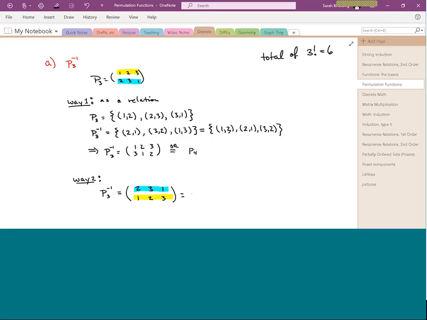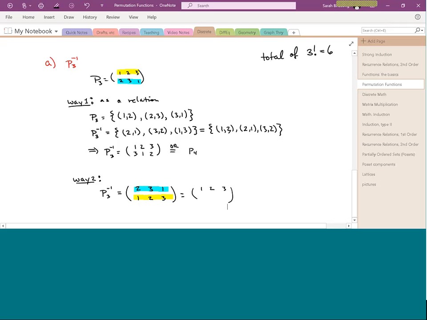Hint, it ties into something in that first way, way 1. Well, what did we do in way 1?